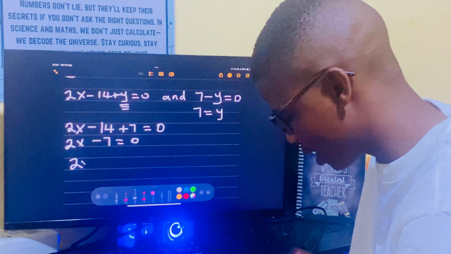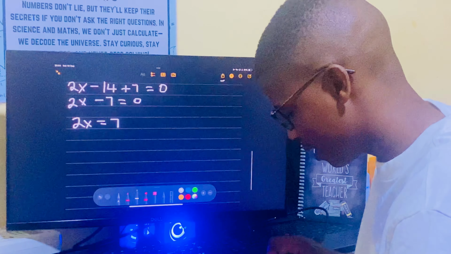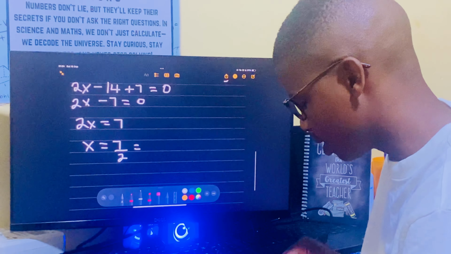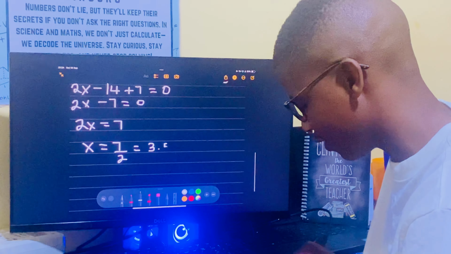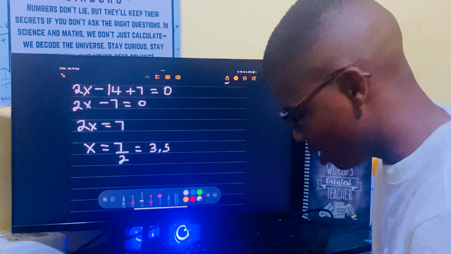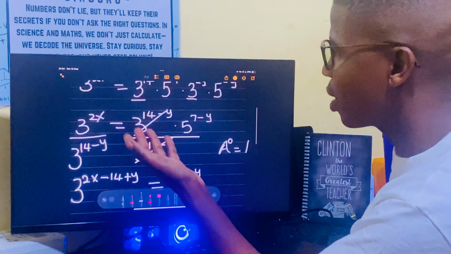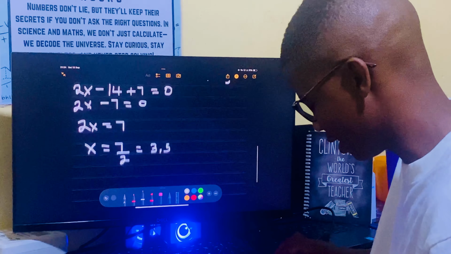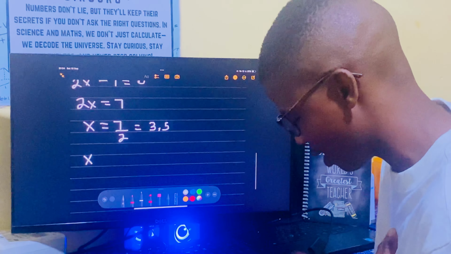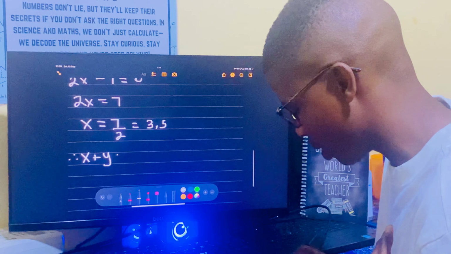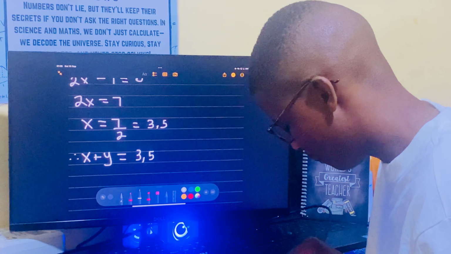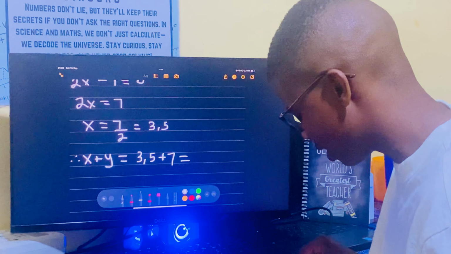Then we have 2x equals 7, so x equals 7 over 2, which is simply 3.5. Then the question wanted us to get x plus y. x is 3.5, therefore x plus y equals 3.5 plus 7, which gives us 10.5.